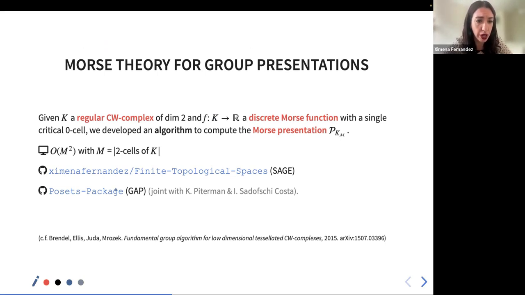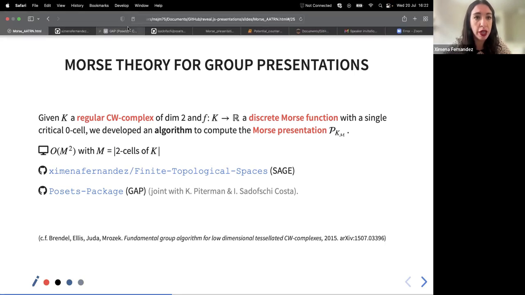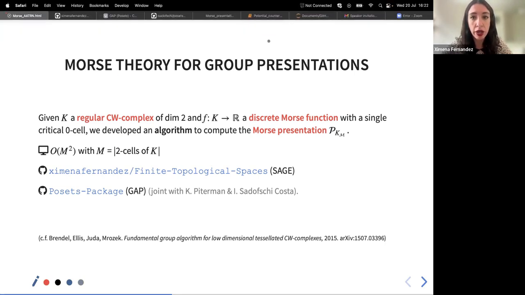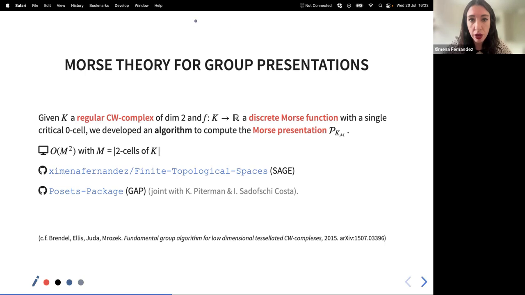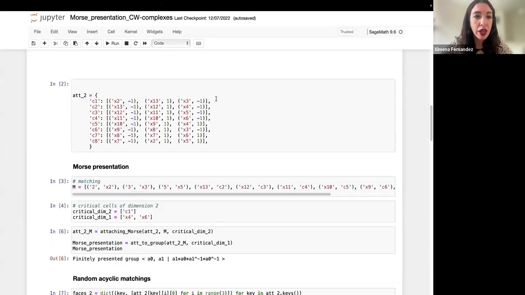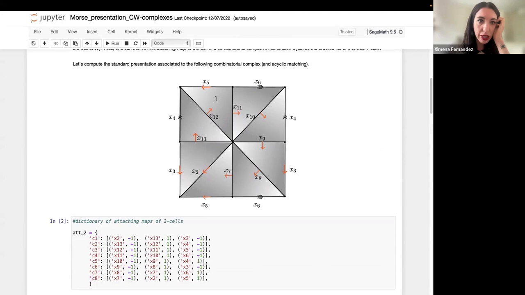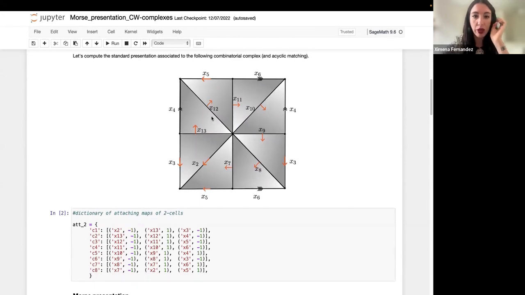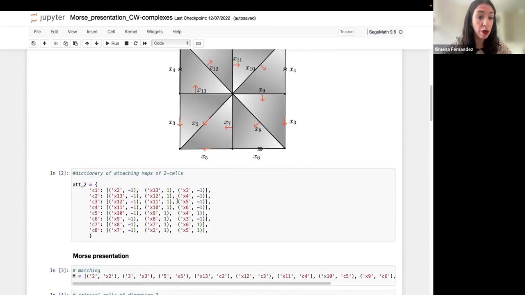These repositories are open, public. So in the repositories you have this. Oh, let me show you. I have problems with Zoom here. Let me show you here. So here, this is an example of the CW complex in the slides, and then you have a description of the original attaching maps.